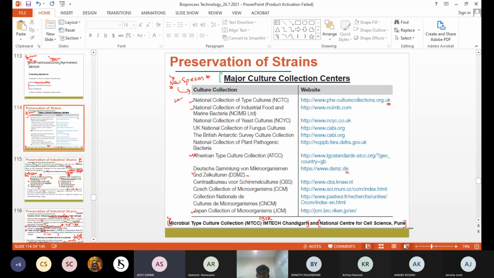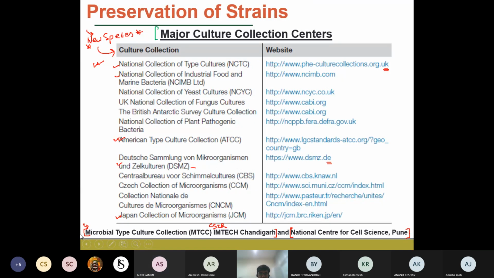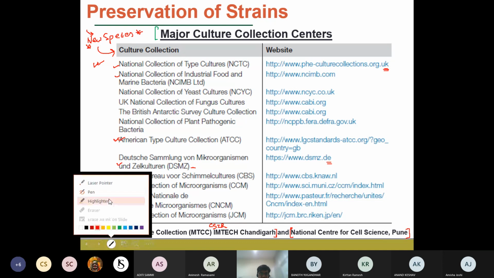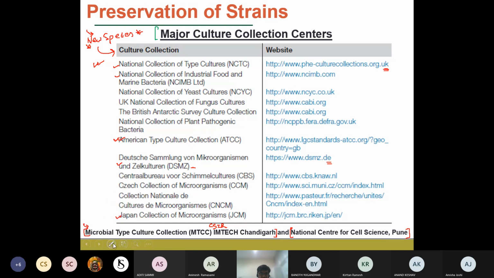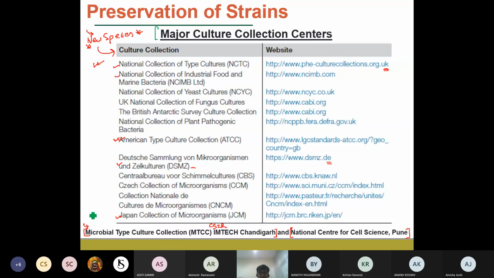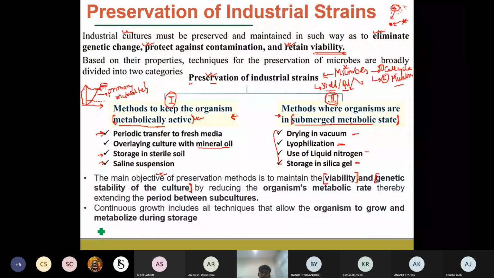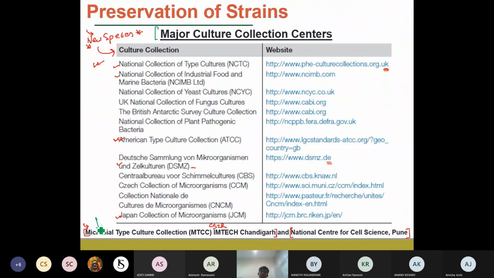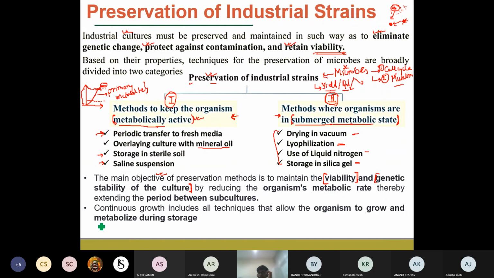Yes. So these are the two culture centers in India where, whenever some new microorganism is isolated, it is deposited. When you are depositing your culture, there are different techniques by which the preservation of these strains takes place.